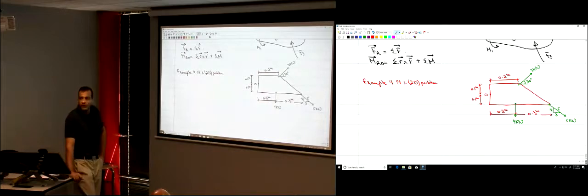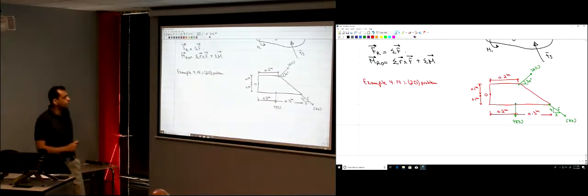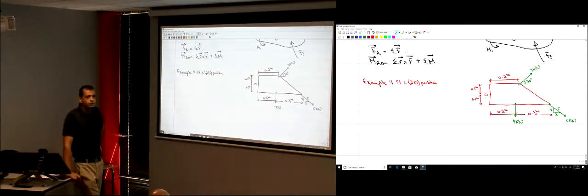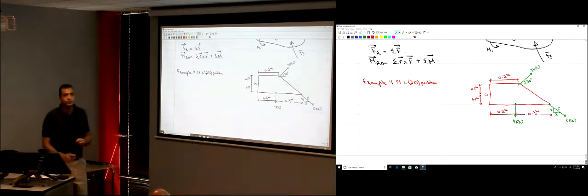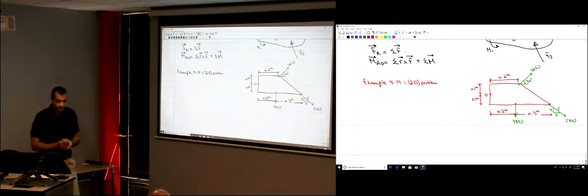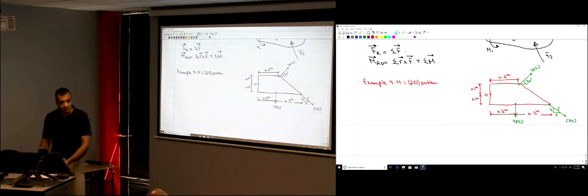So what I want to find now is the resultant. How much is the resultant of those three forces? The resultant as a force has the ability to move the object linearly, and the resultant as a moment has the ability to rotate this object, right? So I would like to find the resultant moment. But when I talk about the moment, about what point? That's stated in the problem.